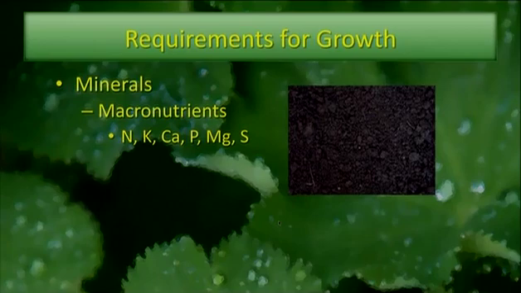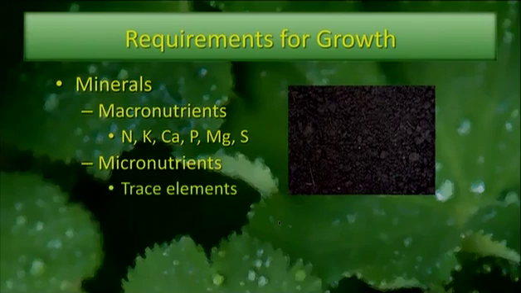The nitrogen, potassium, calcium, and phosphorus actually account for 99% of the nutrient total that the plants need. Now we also have micronutrients. These are elements needed in trace amounts, very small amounts, some of them only in parts per million.